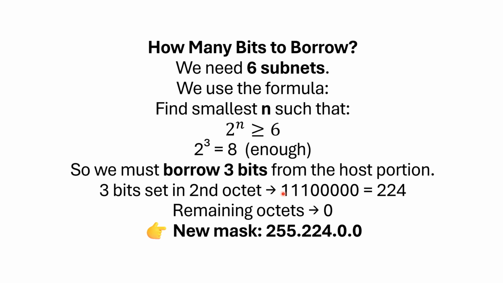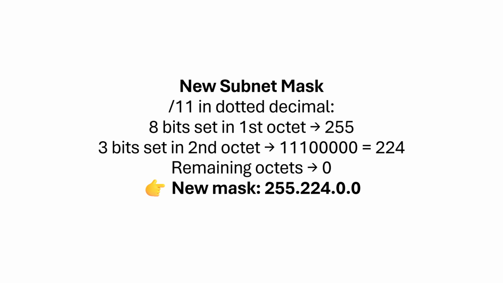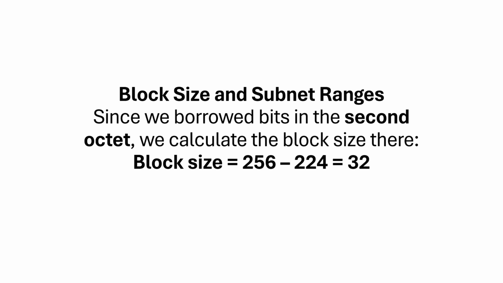You must be able to change this from binary to decimal, and the result is this. Now we added 3 bits to the second octet of the mask and it became 224. And as you see, we add 32 in every step on our IP.